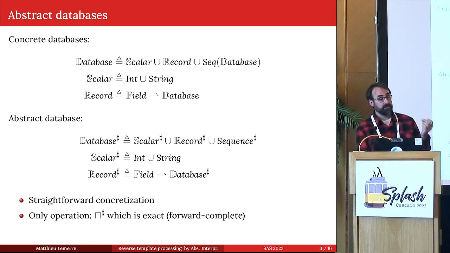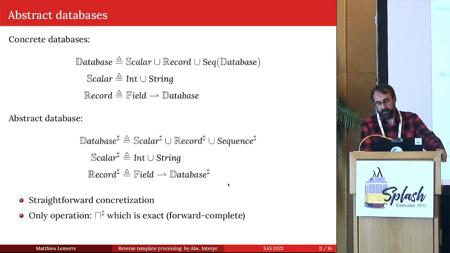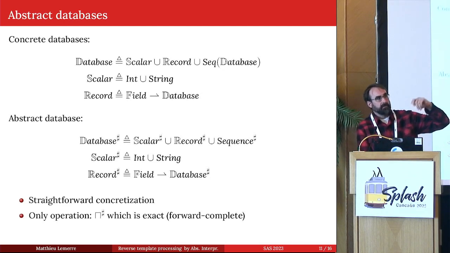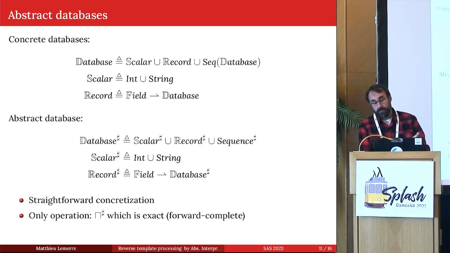And the only operation that we need to implement is abstract intersection, which corresponds to unification of the two constraints. And what is very interesting is that all the operations that we have implemented are forward complete. Forward completeness is not a notion which is often used, but it's useful here. And we don't have joins or widening because we manage to be such that we don't need to compute any fixed point.